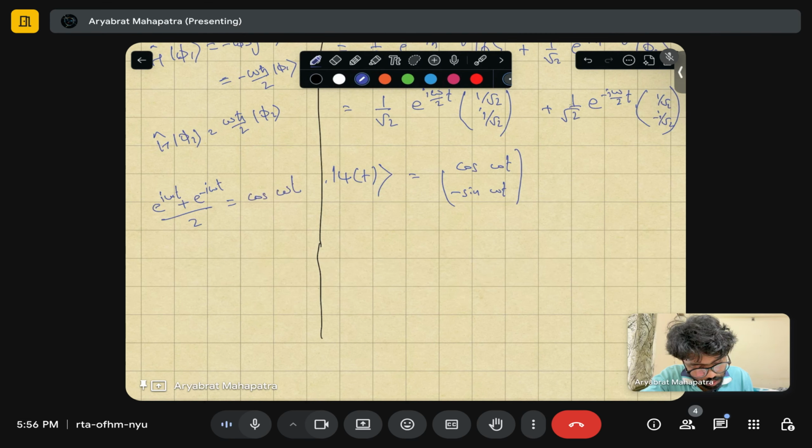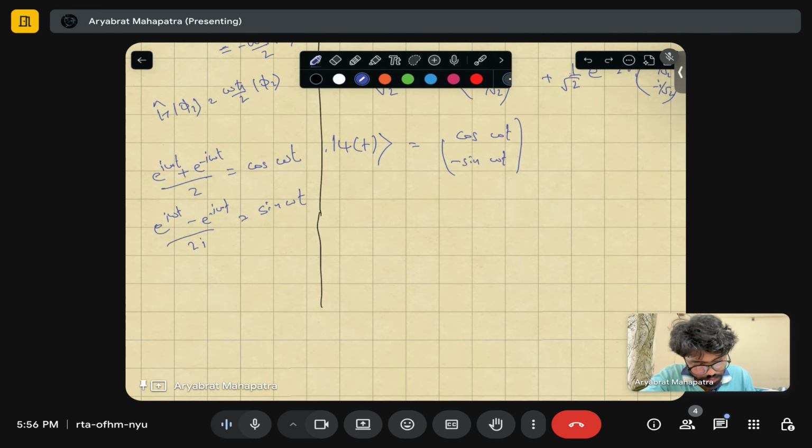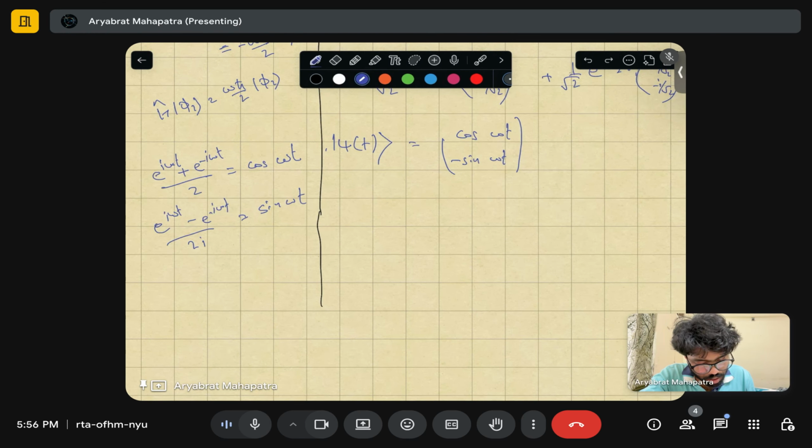This is basically cos omega t. And when you have this divided by 2i, this is sin omega t. So using that, I'm getting cos and sine there. Then we have evolved our system.